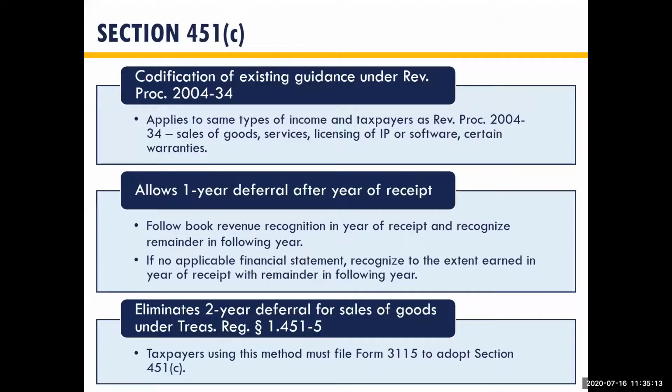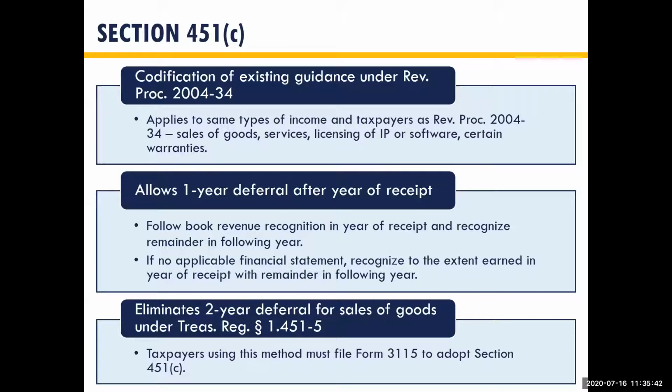What 451(c) does is it gives us a one year grace period on paying tax on that. Those of you who are familiar with Revenue Procedure 2004-34, this is effectively the same rules we had there. And what that tells us is that I will have to recognize that cash in the year of receipt to the extent that it's either picked up in my financial statements or I have earned it through performance in that year, but then everything else comes in the next year.